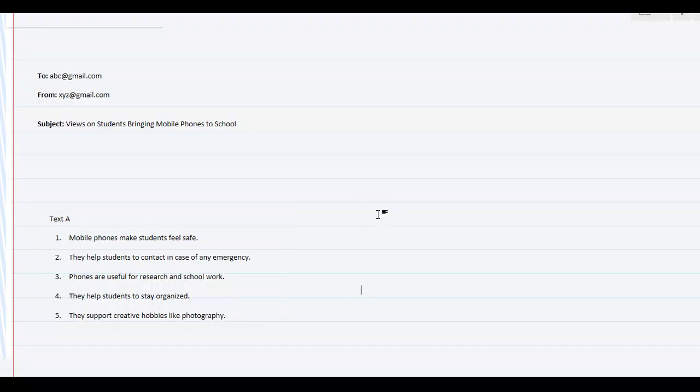And the ideas that we've worked with text B are: number one, mobile phones distract students in class.